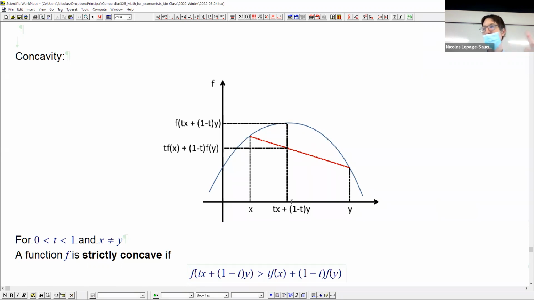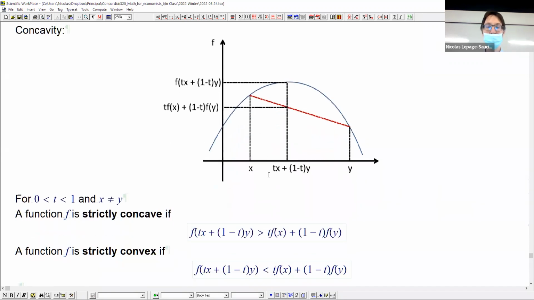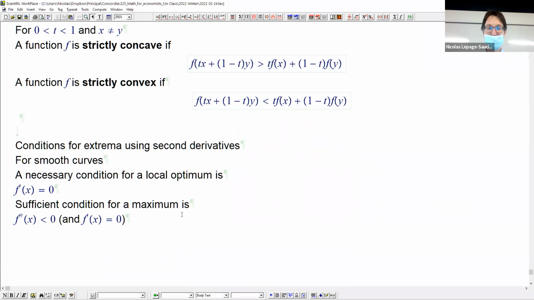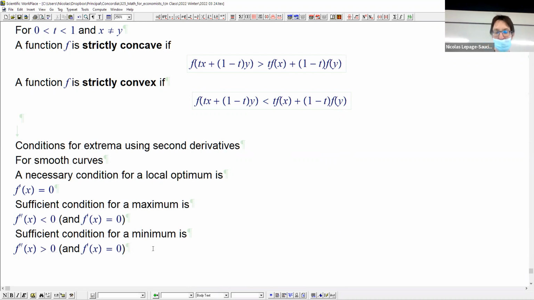So these are the two conditions that you need for a maximum. And a sufficient condition for a minimum is simply that the second derivative is greater than 0, and of course, that the first derivative is equal to 0.